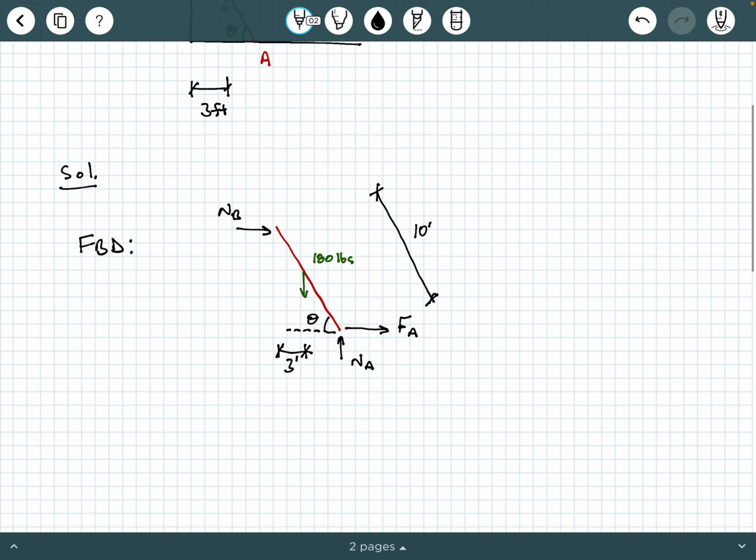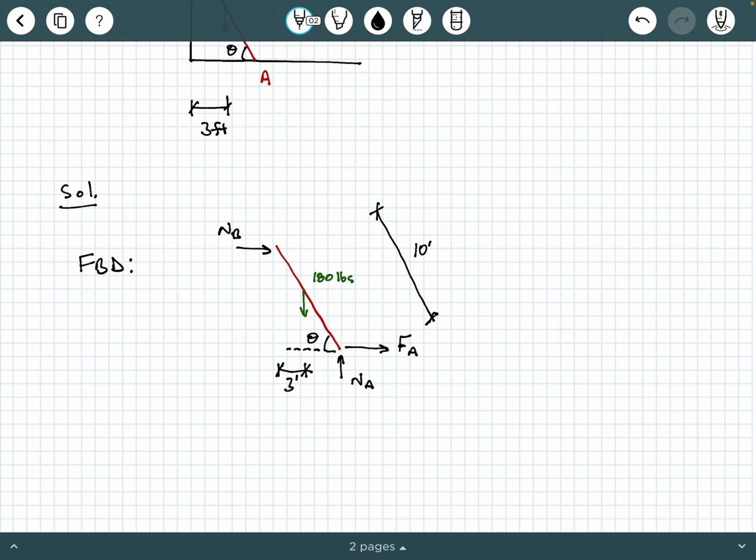So you may be looking at this and saying, wow, I've got 4 unknowns. I have an N sub B that I don't know. I have N sub A that I don't know. I don't know F sub A, and I definitely don't know theta because that's ultimately what we're being asked to compute. So the first thing we can do here, which is pretty obvious, is set up our relationship with our coefficient of friction.